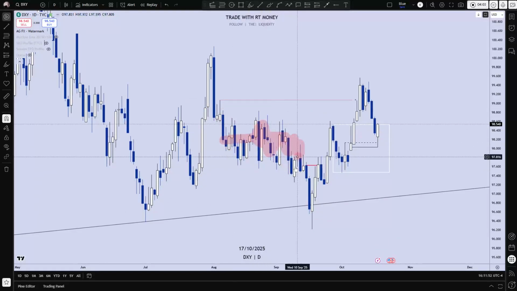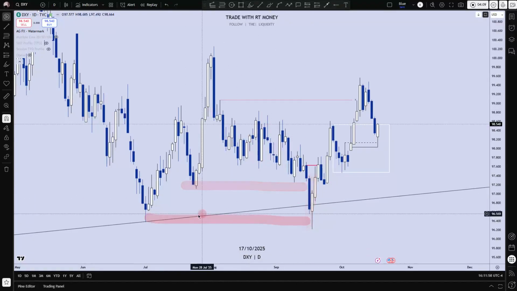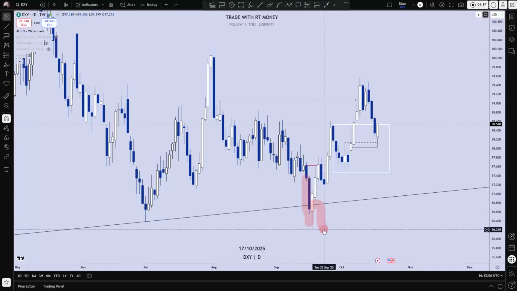We did a lot of accumulation, but price did take out this low. We took the sell side liquidity in this move here, and a lot of people were thinking, oh, we're crashing through. Price is going to come back up, use the trend line support as resistance now, and we would continue down.